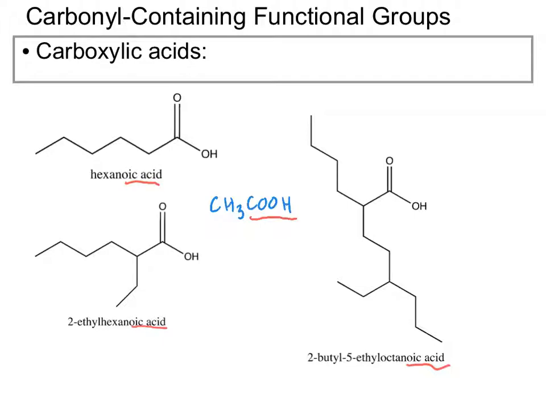So that is something to be aware of going forward. And so this one here, the CH3COOH, would look like this. We have our CH3COOH. So just be aware of that if you are looking at other sources that use the COOH abbreviation for a carboxylic acid.